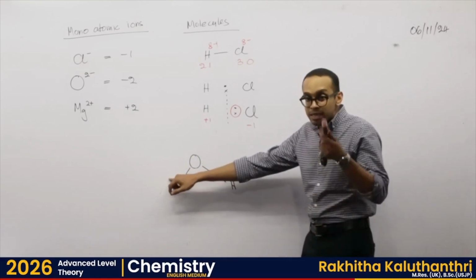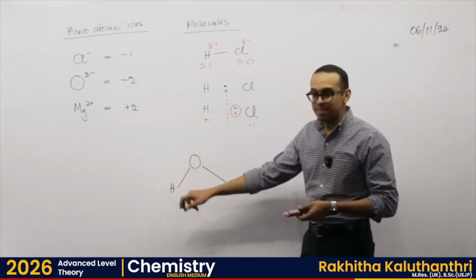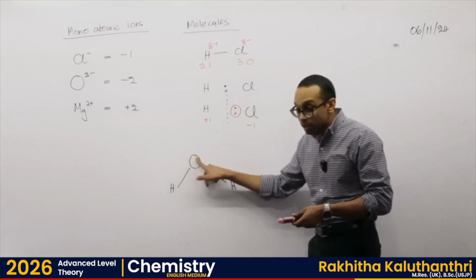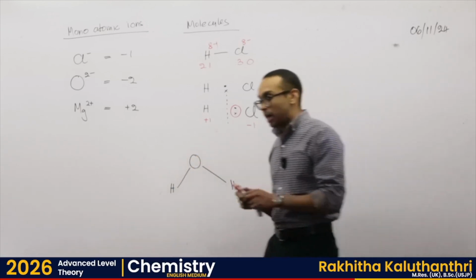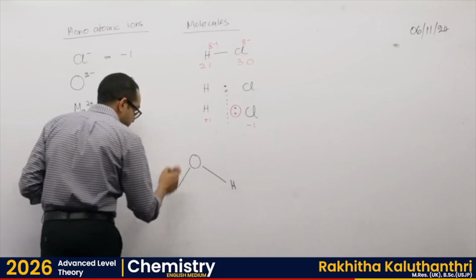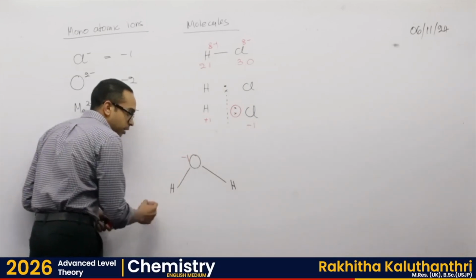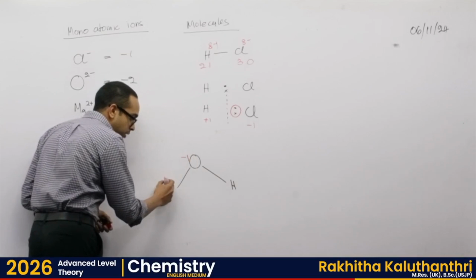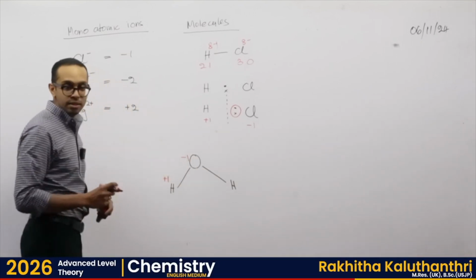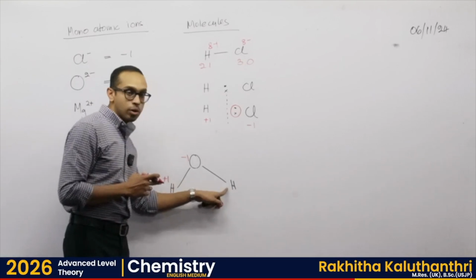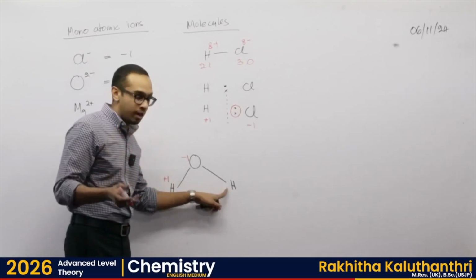Instead of writing delta minus, delta plus, just think, if we completely transfer these electrons to oxygen, what will be the charge on oxygen? If I transfer both electrons here, oxygen will be -1. And what will be the charge on hydrogen? +1. Is that clear? So similarly, there's another bond like that, so we have to do the same there.